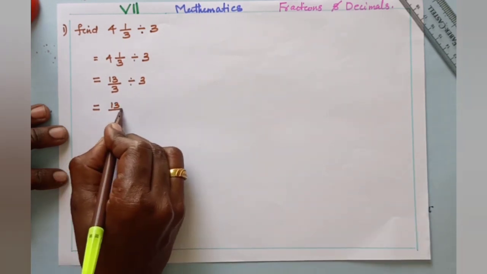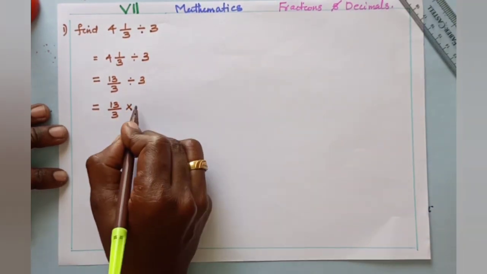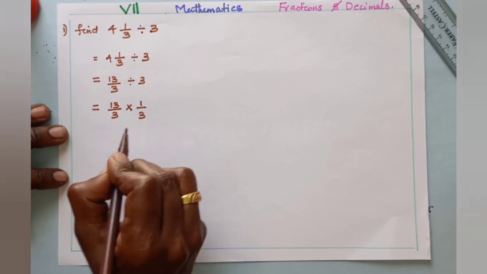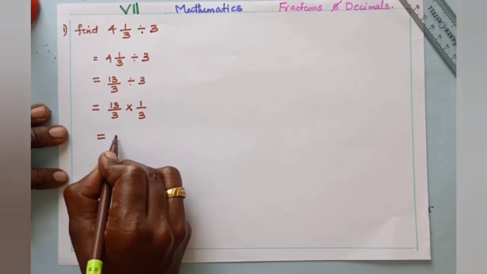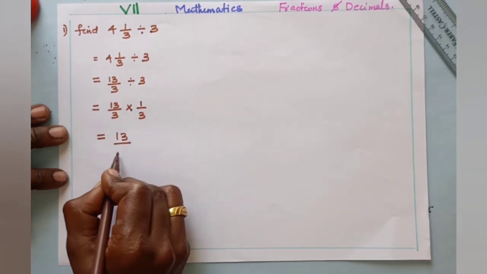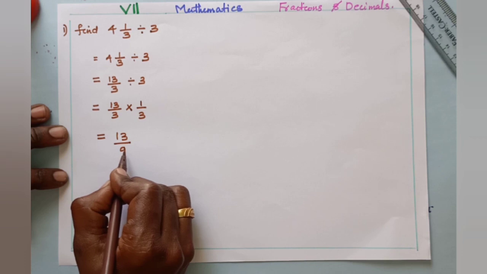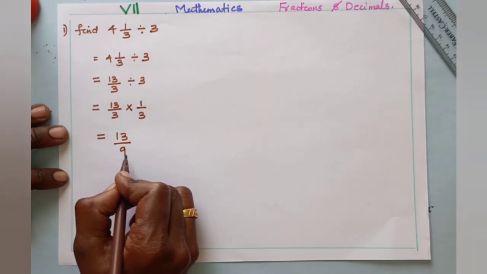So 13/3 into the reciprocal of 3, which is 1/3, equals 13 into 1, 13, over 3 into 3, 9. 13/9 is an improper fraction.